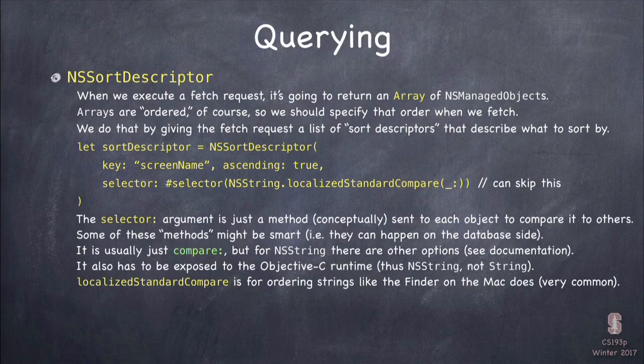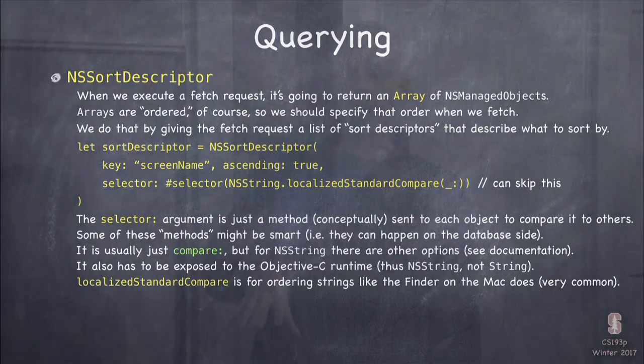So in fact, all of the NSString ones will do that. Okay? So they're super duper efficient. Now, if you wanted to use your own compare, though, it's not going to be efficient, because it is going to have to bring all the data from the database into your memory so it can run your little method over it. So I strongly recommend against using your own selector here, okay? I would use these standard selectors. If you're going to use your own selector, it's got to be on a pretty small data set, because it's not going to be very efficient.